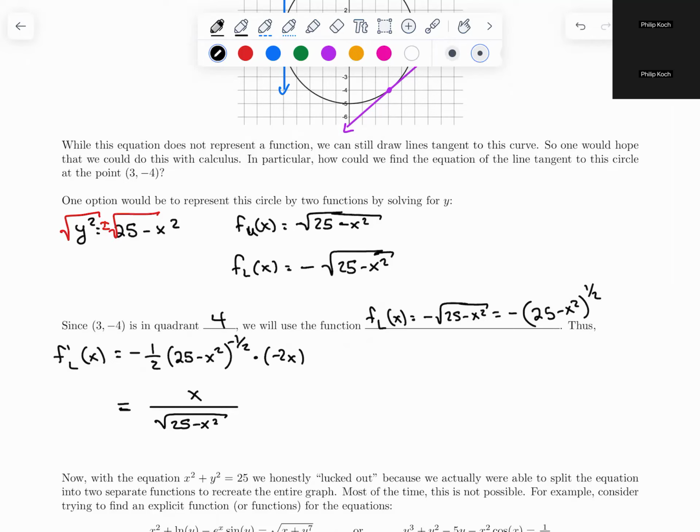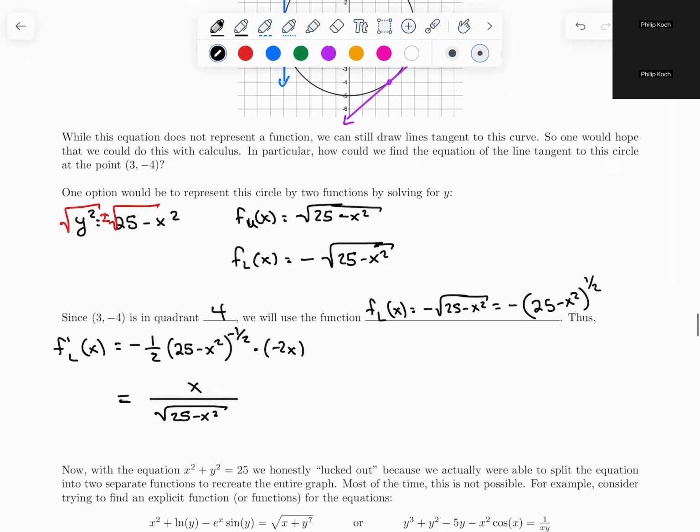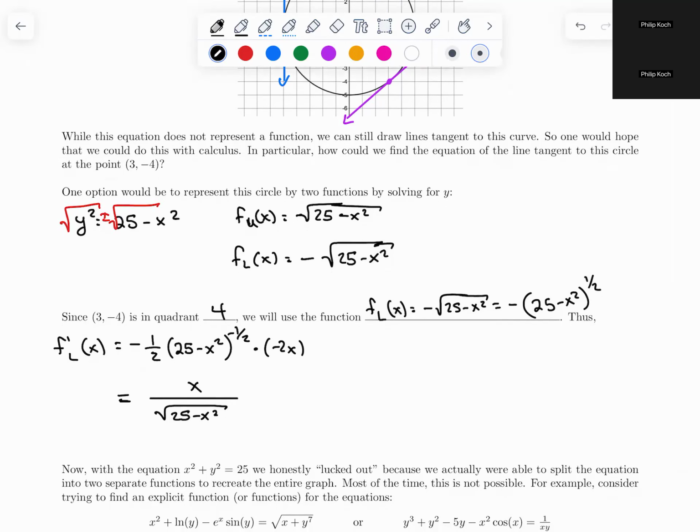A little bit of algebra going on here. Because it's the negative 1/2 power on the 25 minus x squared, that's the same thing as 1 over square root of 25 minus x squared. And then the negative 1/2 and the negative 2 cancel, and that's where I get that. So f prime sub L of 3 is 3 over the square root of 25 minus 3 squared, which ends up being 3/4.